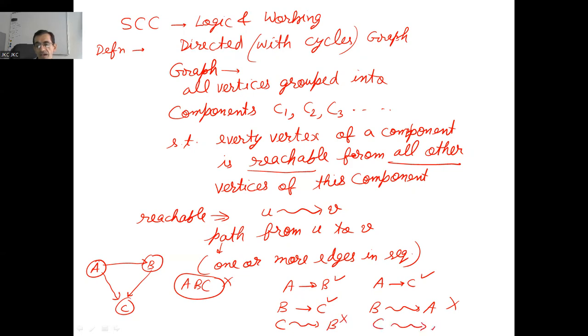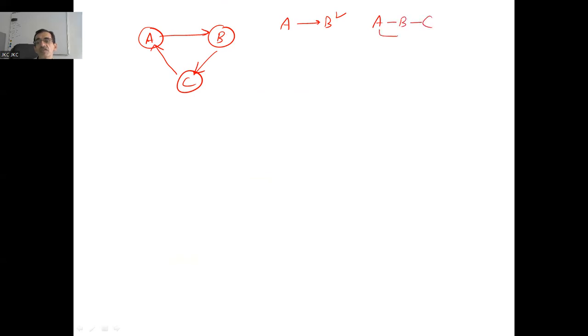C to A, I can't reach. So it is incorrect. On the other hand, if I have the same A, B, and C connected like this, then I can say, yes, from A to B, a direct edge exists. From A to C, I can go A, B, C, so A to C is also possible. Next, let's try for the other nodes. For B also, B to A is possible directly via C.